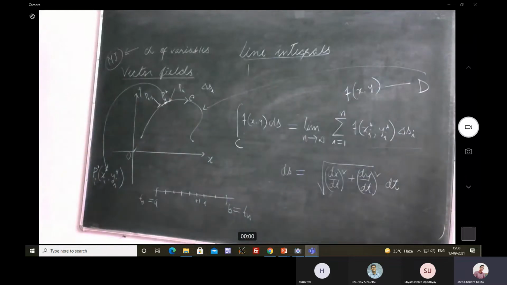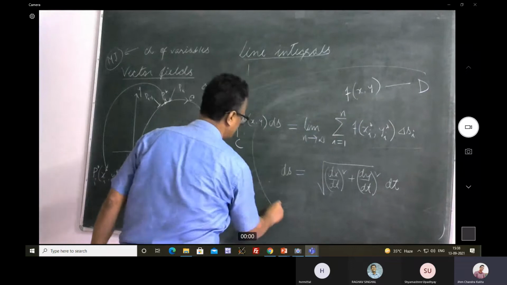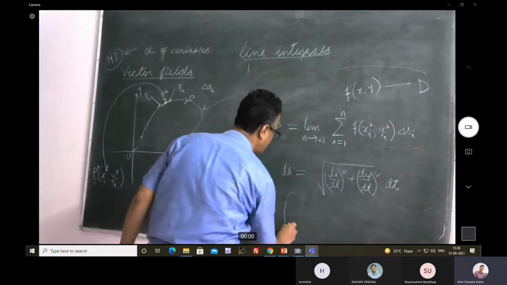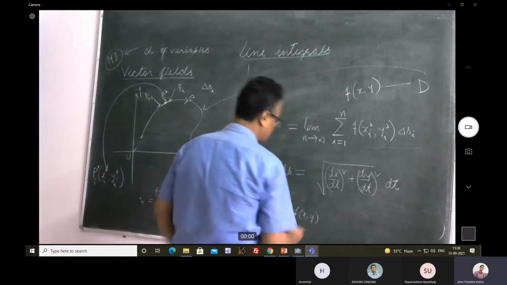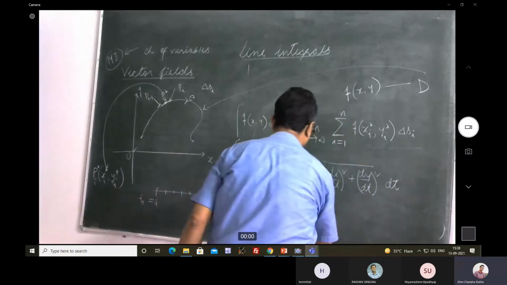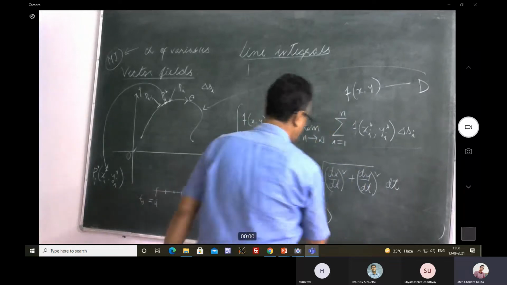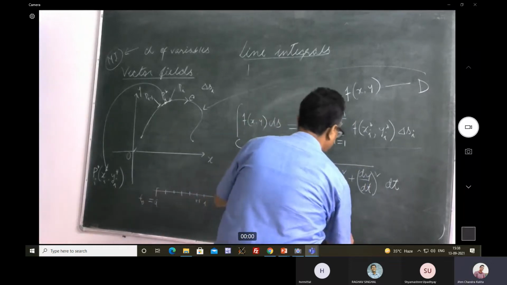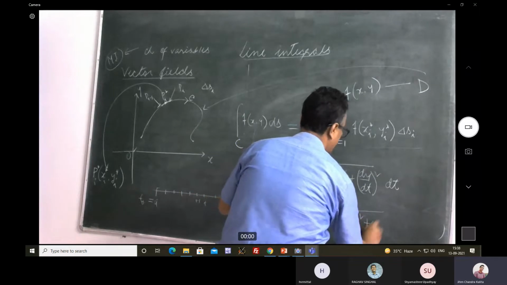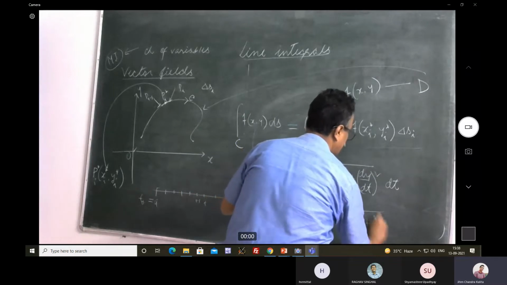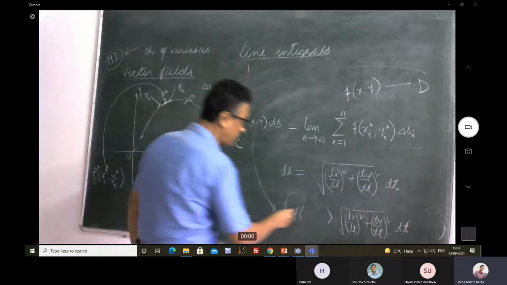So then I can write this simply as f of x, y, and I'll change that. Instead of ds, I can simply write the square root of dx by dt whole square plus dy by dt whole square, dt, because I have made the change of variable.